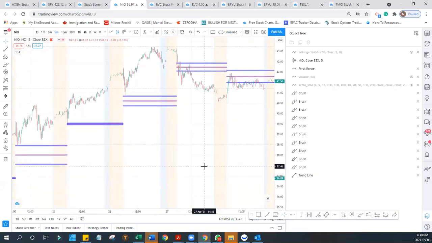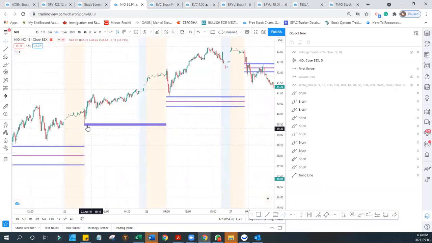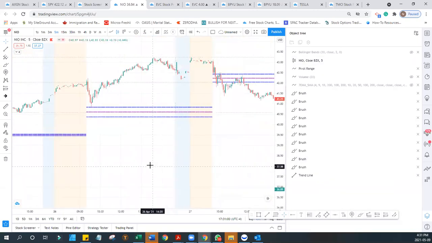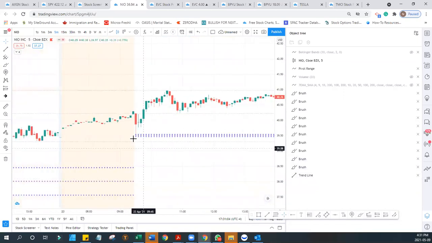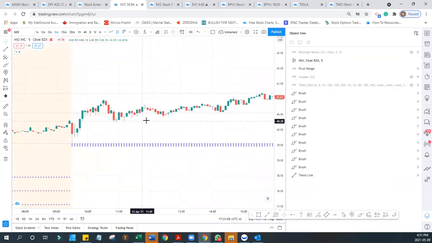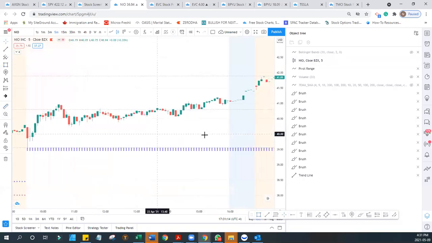So if you see here, the price went up, but the next day the CPR was a little bit wider. And here, the first 5-minute candle gave good support, and the whole day price was range bound, but it still gave you some 2% result.